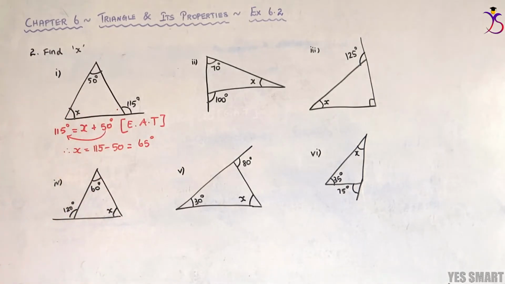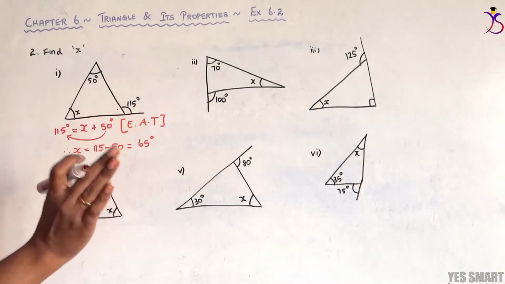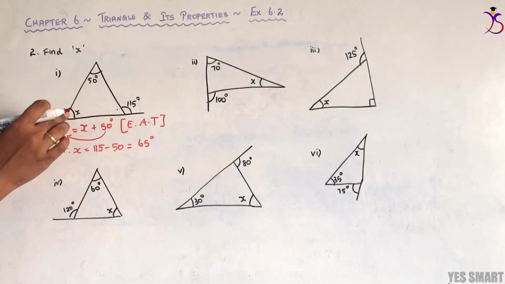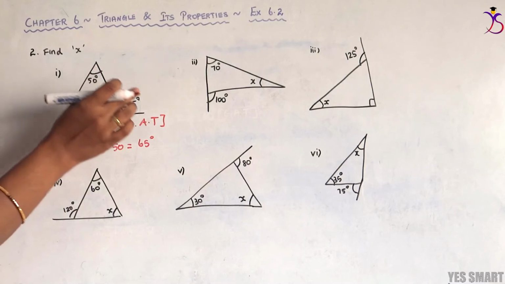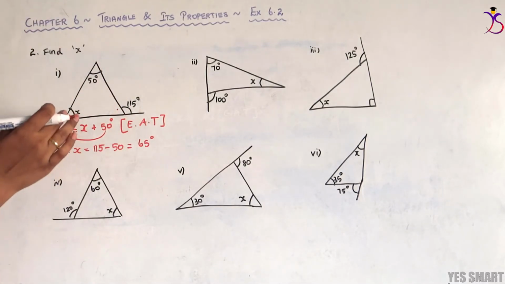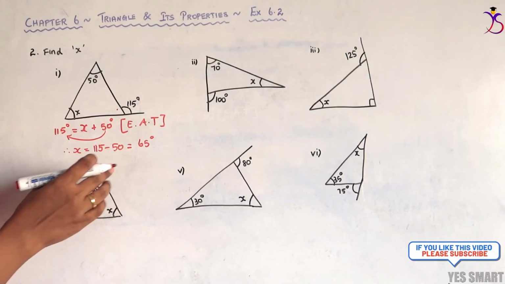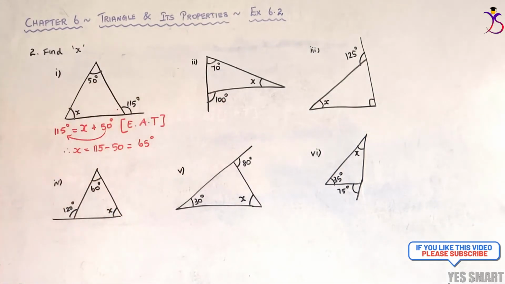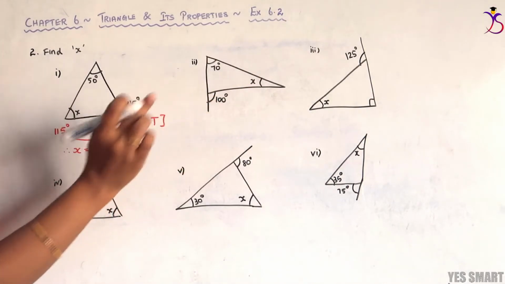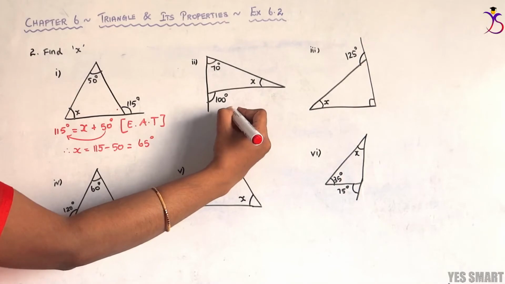The same procedure is to be followed for all the sums. In short, if in a 1 mark question you are asked to find one of the opposite interior angles, just subtract the other opposite interior angle from the exterior angle. Now, moving on to the second subdivision, the exterior angle here is 100 degrees. The two opposite interior angles are 70 degrees and x.